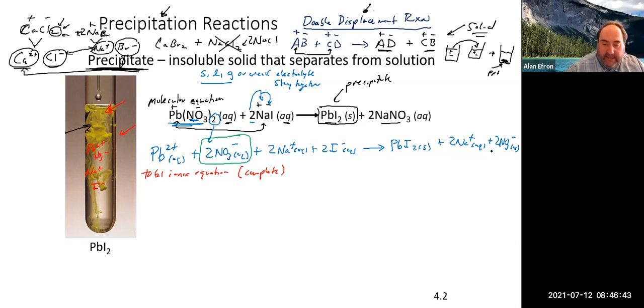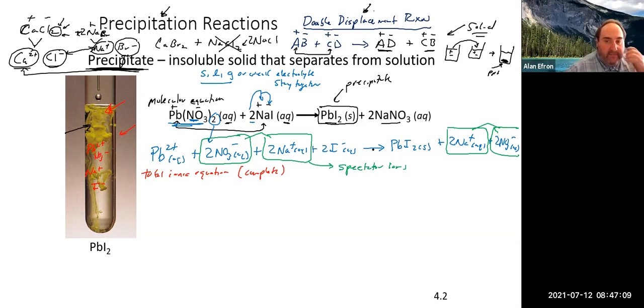On the right-hand side, I also see 2 nitrates. It looks exactly the same. Left-hand side, I see 2 sodiums. Right-hand side, I see 2 sodiums. These guys that look exactly the same on both sides of the equation are what are referred to as spectator ions.